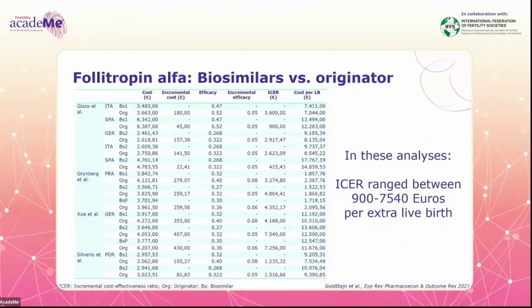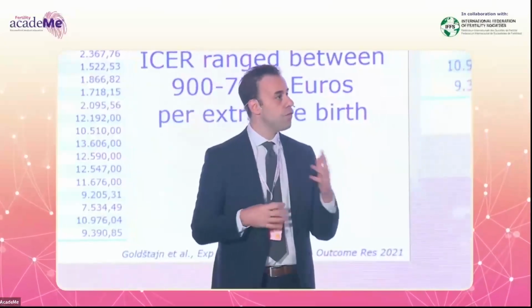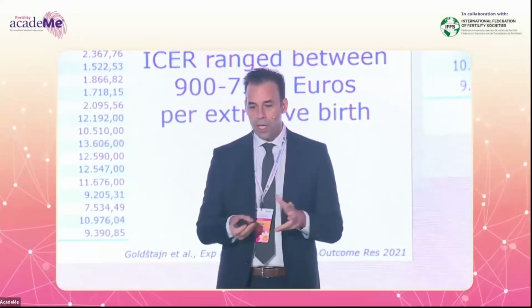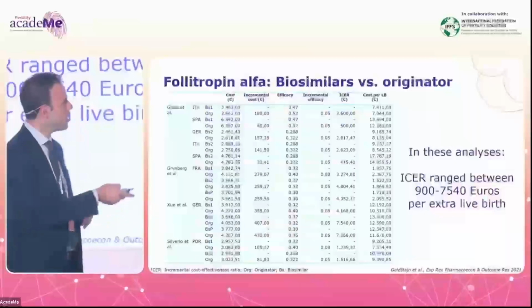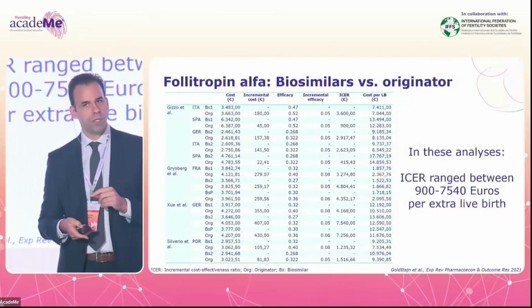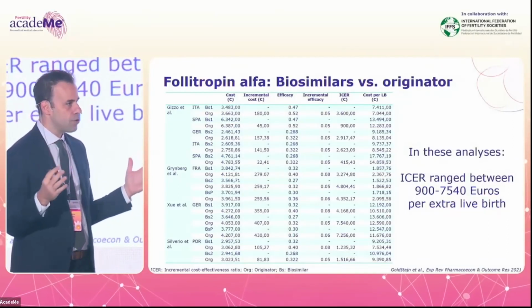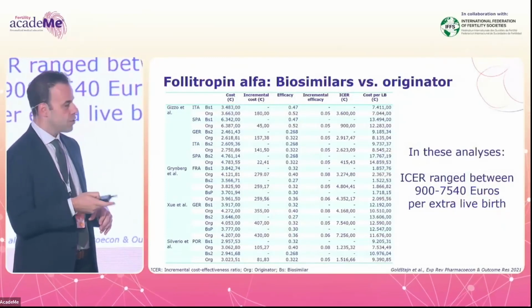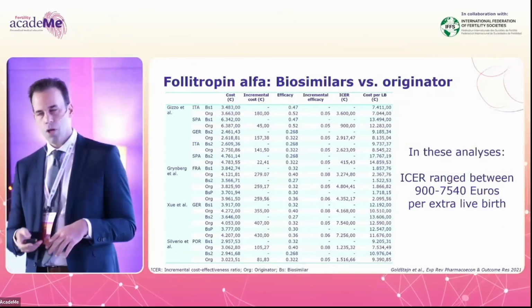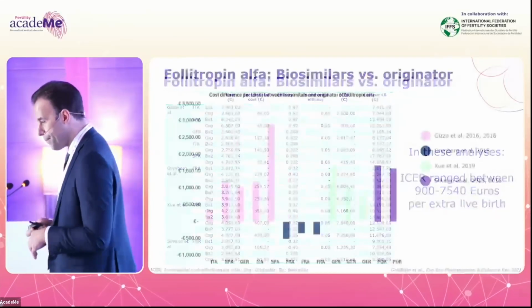And they looked also at the ICER of follitropin alpha originator versus the biosimilars. You can see how they've modeled it here. And in almost all cases, if you took a willingness-to-pay scenario of, let's say, 10,000 euros, follitropin alpha was considered cost-effective across all studies published up to that point.